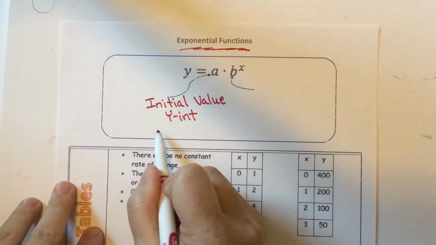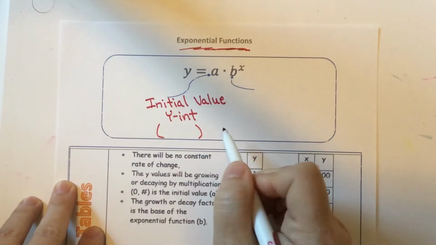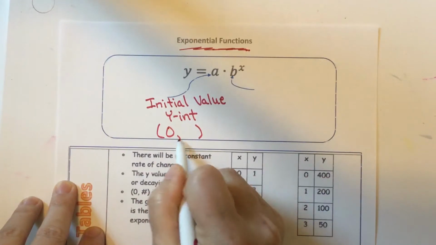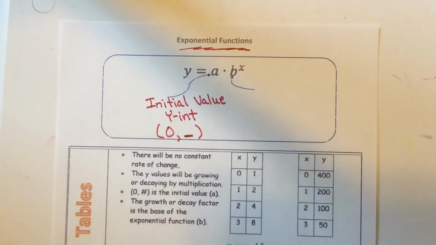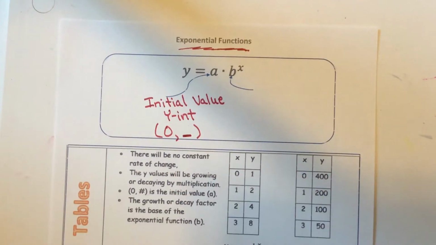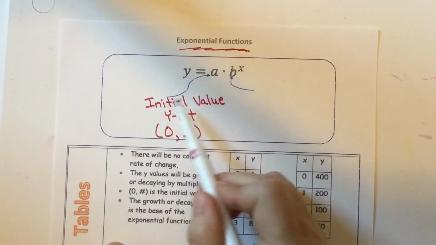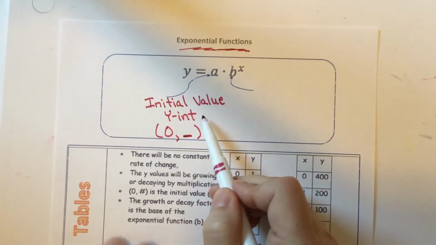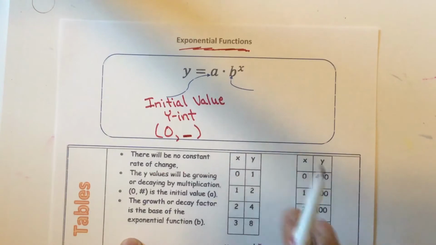And if you remember, all y-intercepts are on the y-axis, which means their x value is 0. So all of the y-intercepts will be 0, some number. So A represents the initial value of the graph. It's also known as the y-intercept, and it will be 0, something.